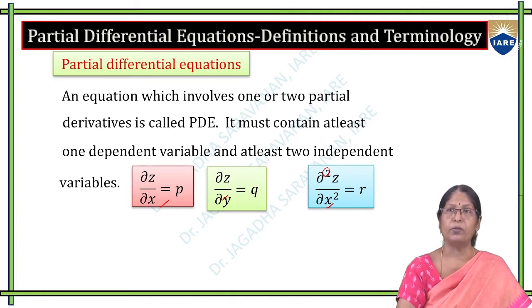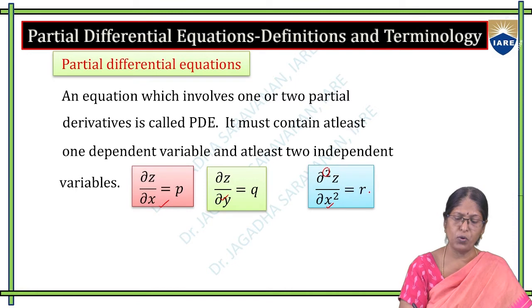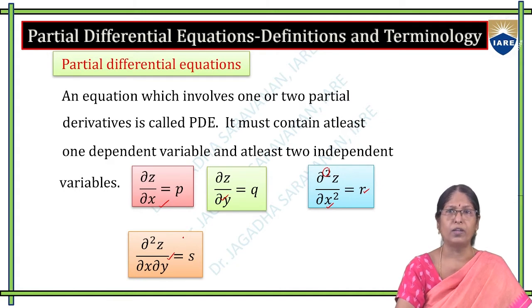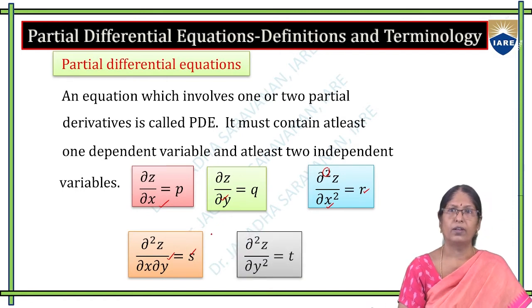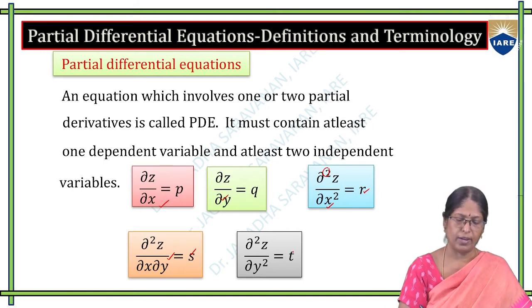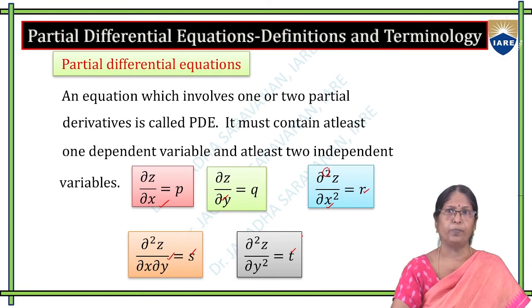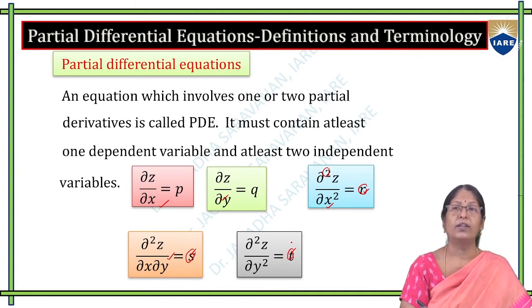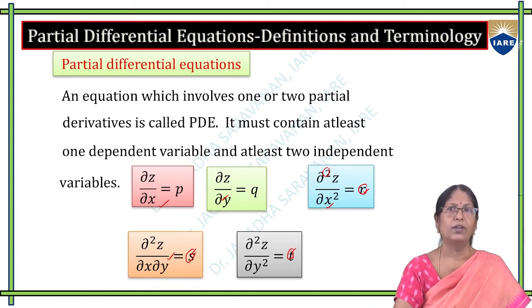So dou squared Z by dou X square is denoted by R. The next one, dou squared Z by dou X dou Y, is denoted by S. The last one is dou squared Z by dou Y square, represented by the notation T. So P, Q, R, S, T. P, Q are related to first order, whereas R, S, T are concerned with second order.